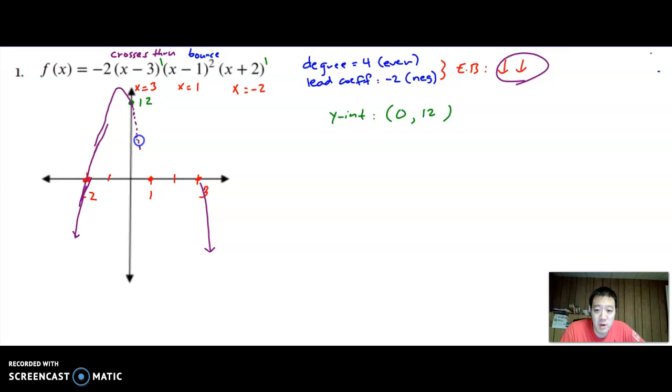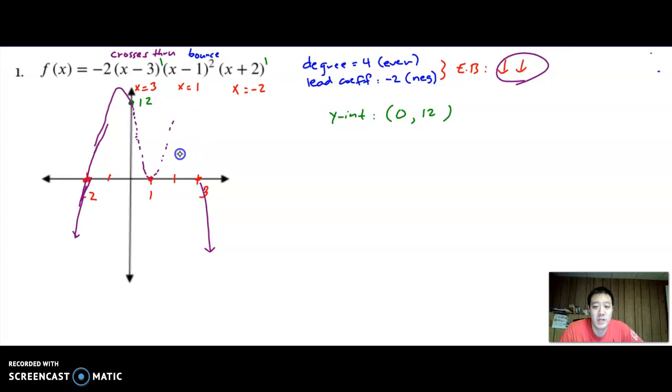Now as I'm approaching 1, I'm going to look at my factor of x minus 1, and it's an even exponent. So I know that it's going to touch the 1, and then it's going to go back up. And now there's this other x-intercept at 3, so I know that eventually it has to come back down. Now, you can make this as high as you want.